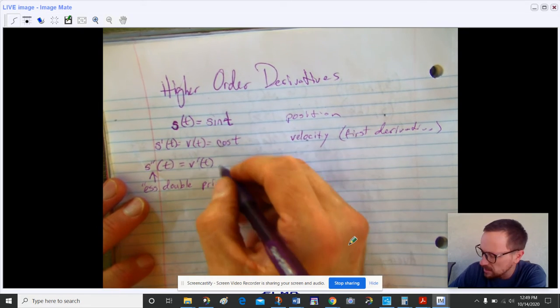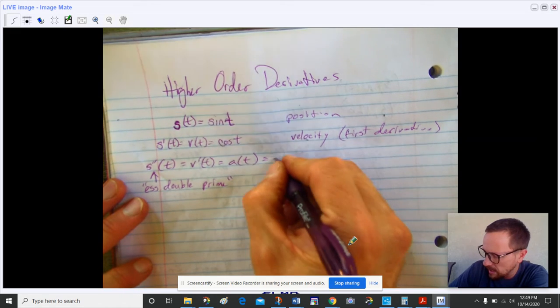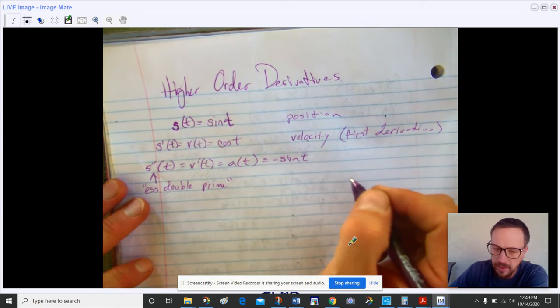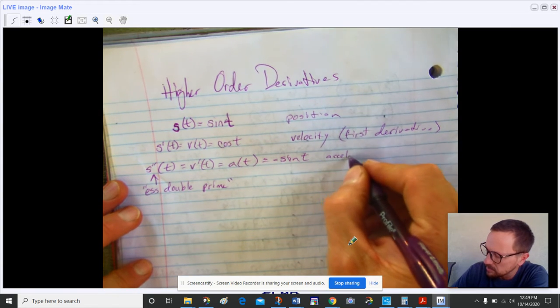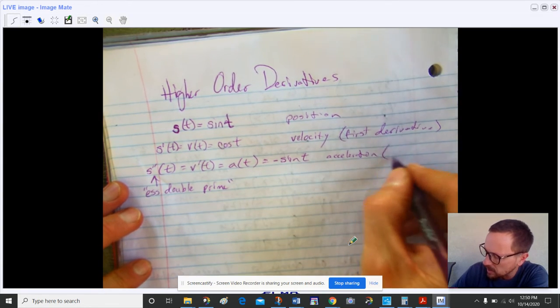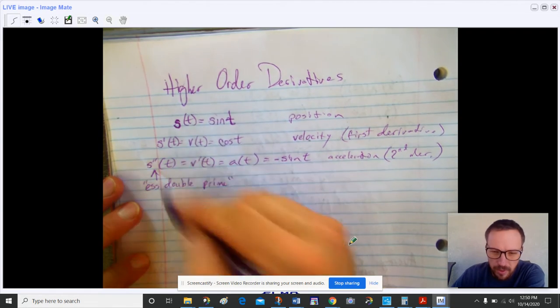The derivative of velocity is acceleration, and the derivative of cosine of t is negative sine of t. So this is acceleration, which is our second derivative, and that's how we note it.